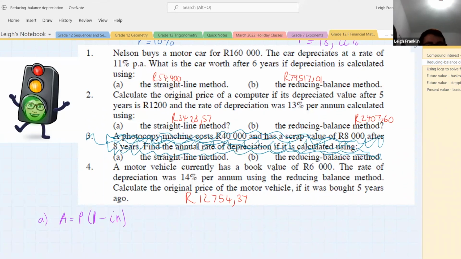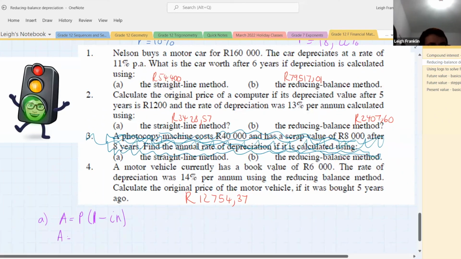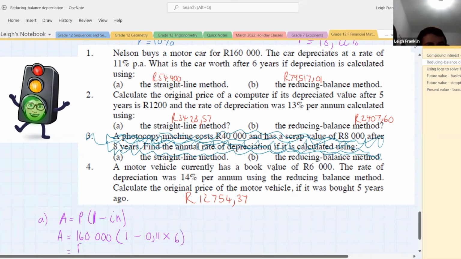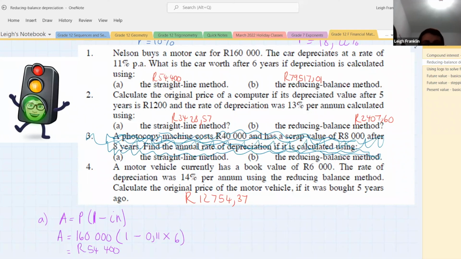If they're asking us what the car is worth after 6 years, they want us to calculate A. So in place of P, we substitute the 160,000, and then we write 1 minus our interest rate, remember we've got to divide it by 100, and then times by n, so times by 6. You pop that into your calculator, and then you get 54,400. Okay, is that better?